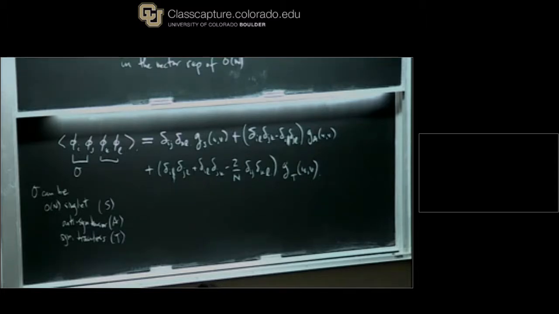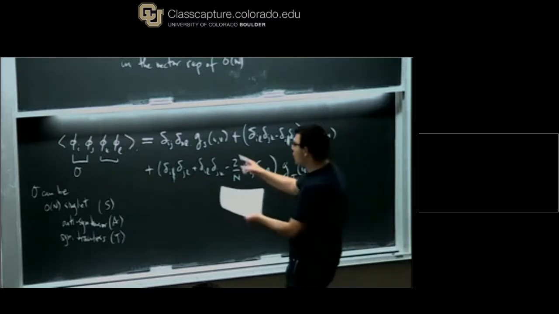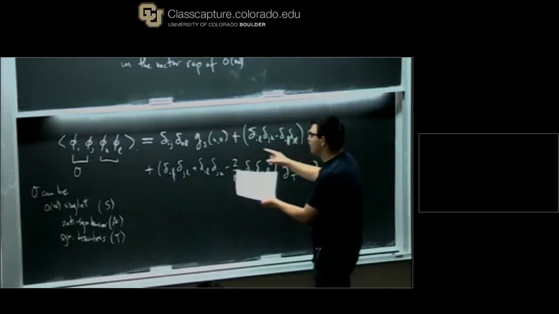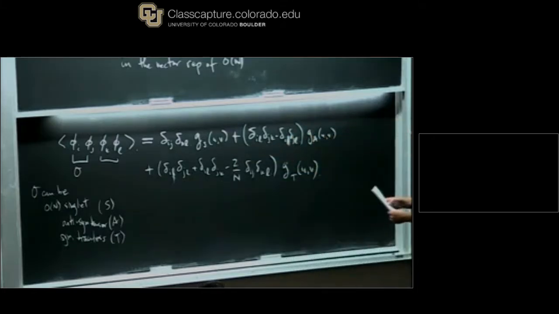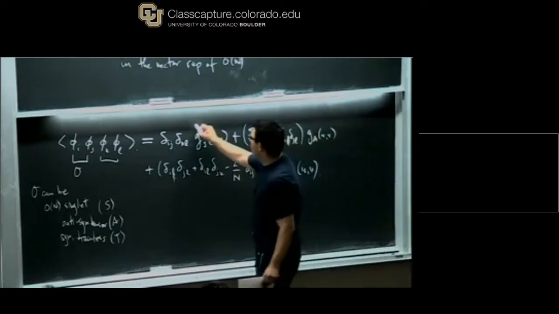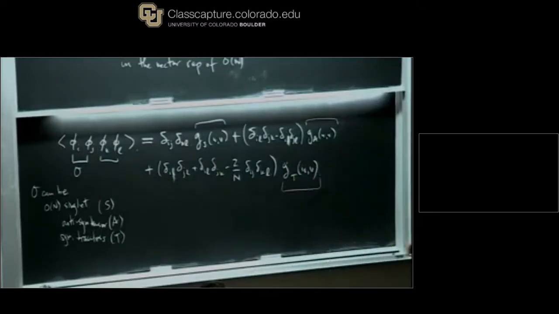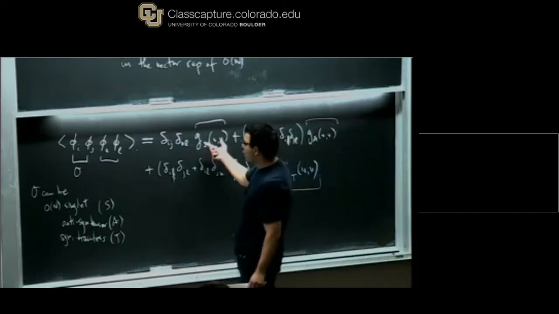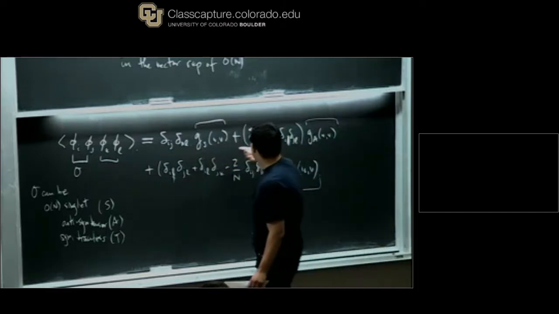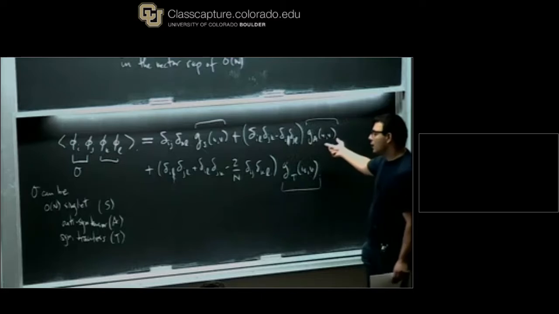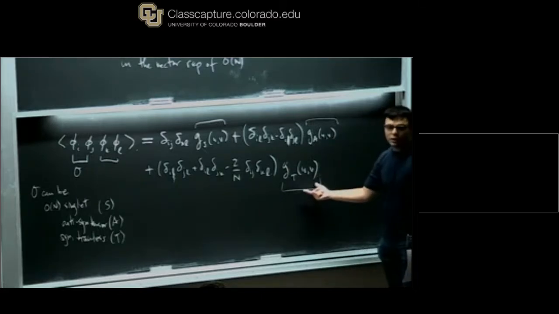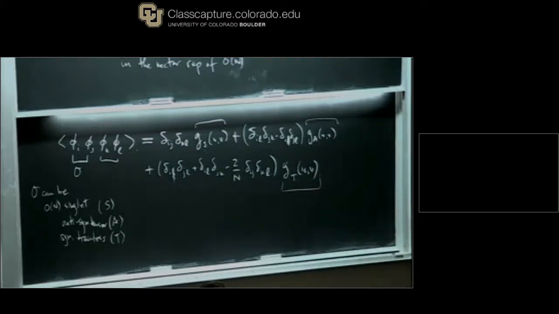So the way I wrote this 4-point function is such that when we expand g_S, g_A, and g_T in conformal blocks, the only operators that contribute here are the singlets under O(N). Here are the antisymmetric tensors, and here are the symmetric traceless tensors.